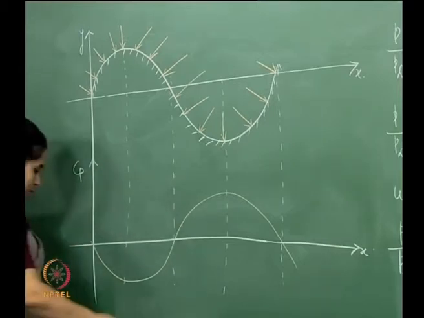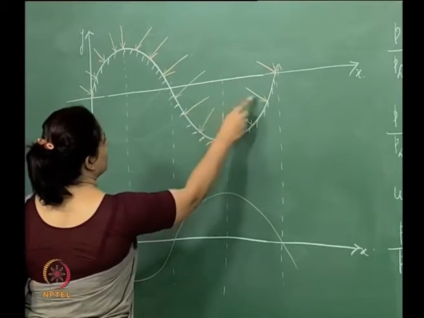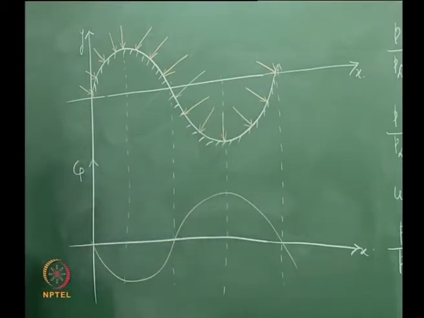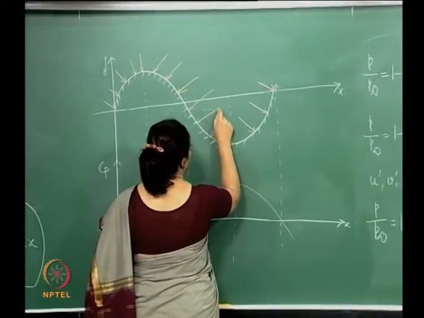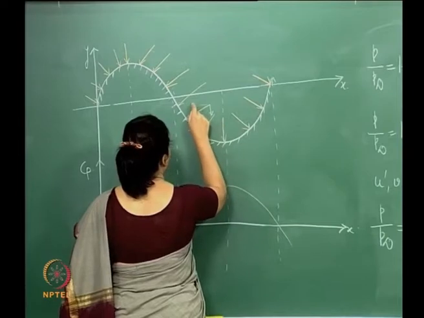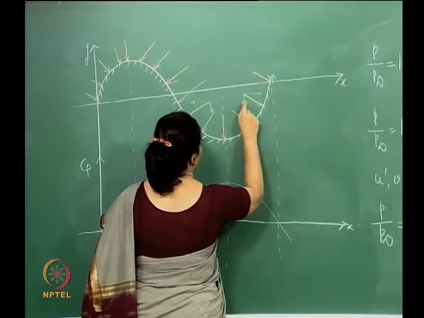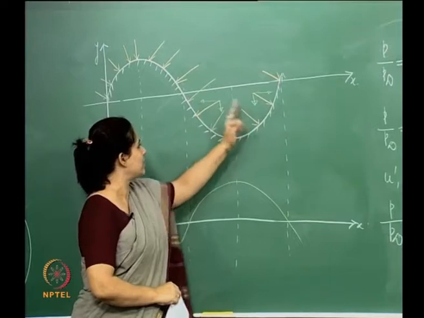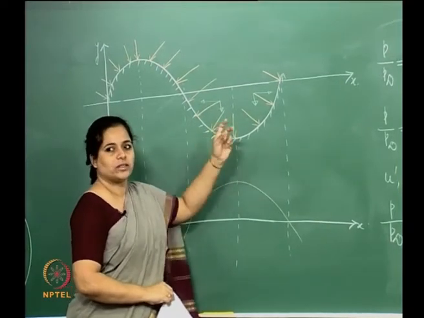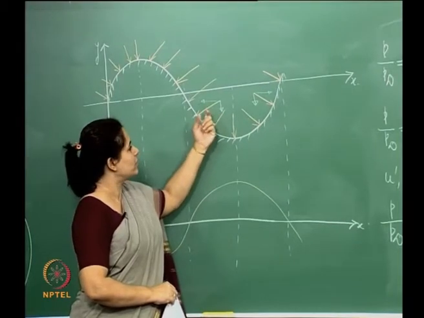Okay. Now, let us look at one thing here. We will consider two of these pressure vectors. When I say pressure vectors, I just mean these arrows, which denote the direction of the pressure, right.